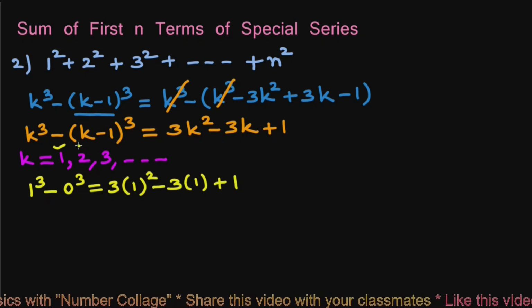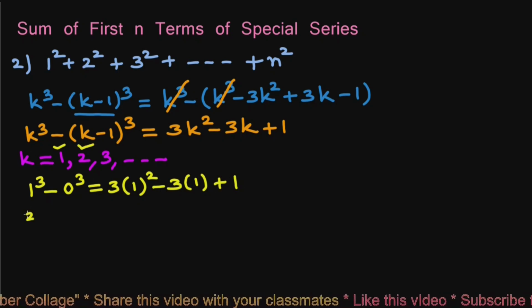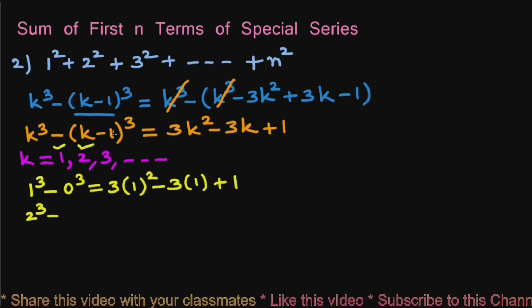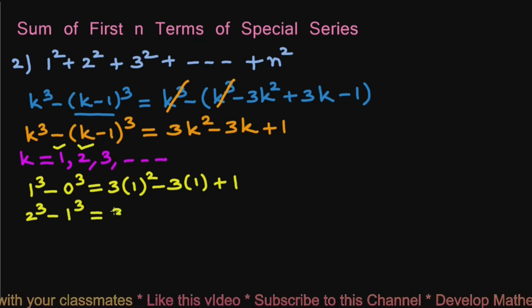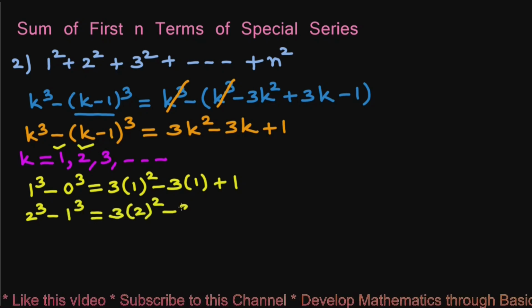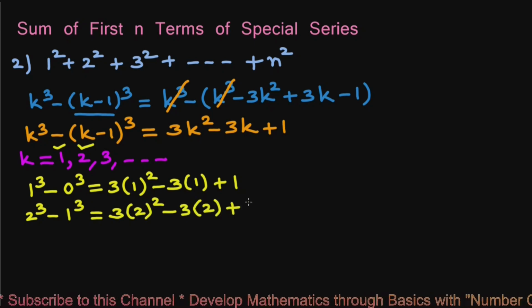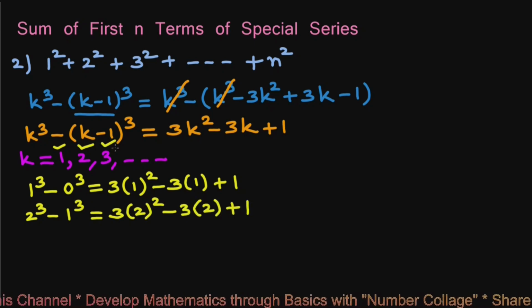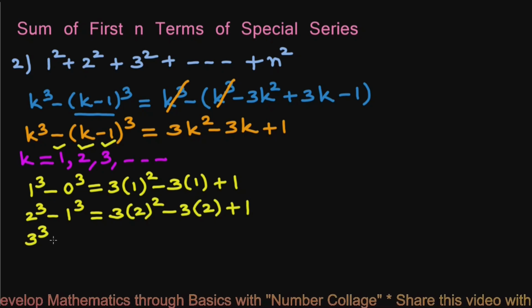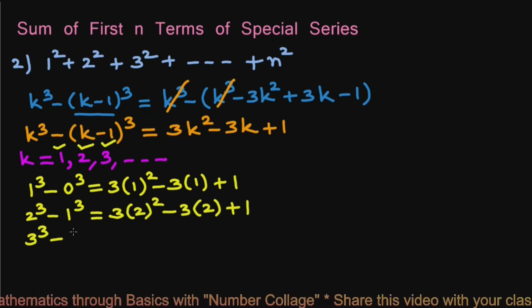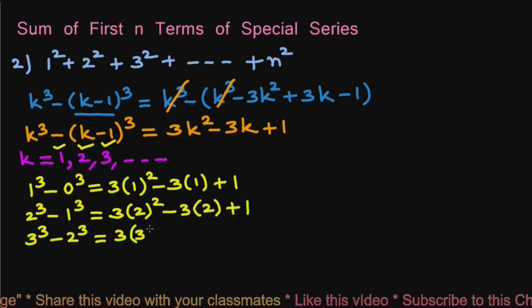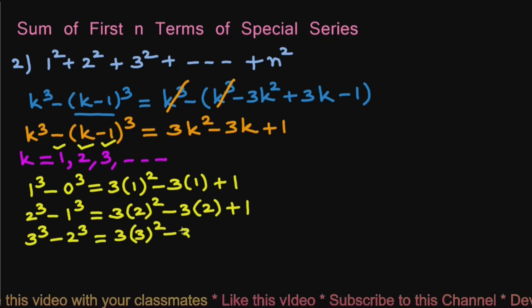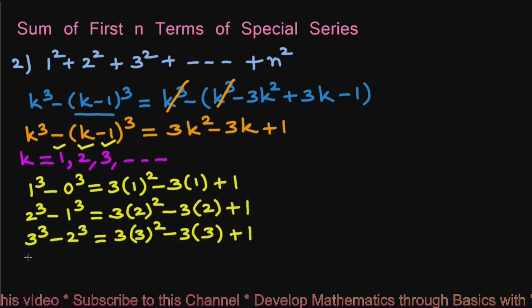Next, putting k equals 2, we write 2 cube minus 2 minus 1, which is 1 cube, equals 3 into 2 squared minus 3 into 2 plus 1. Next, putting k equals 3, we write 3 cube minus 3 minus 1, which is 2 cube, equals 3 into 3 squared minus 3 into 3 plus 1, so and so forth.